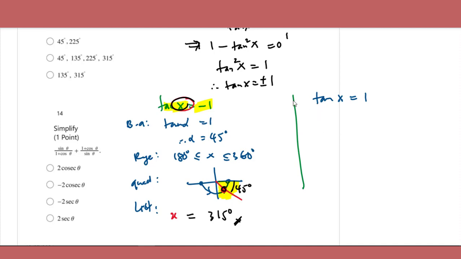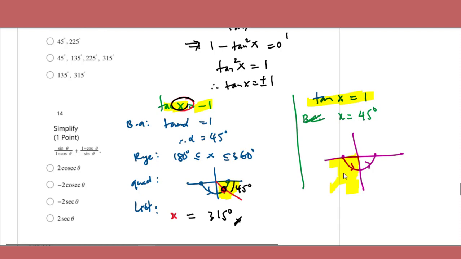The second one, find the basic angle. The basic angle is 45. Why? Because this one is positive. Then check the range, which is from 180 to 360. For tangent positive, that's in the third quadrant. There is one positive answer.